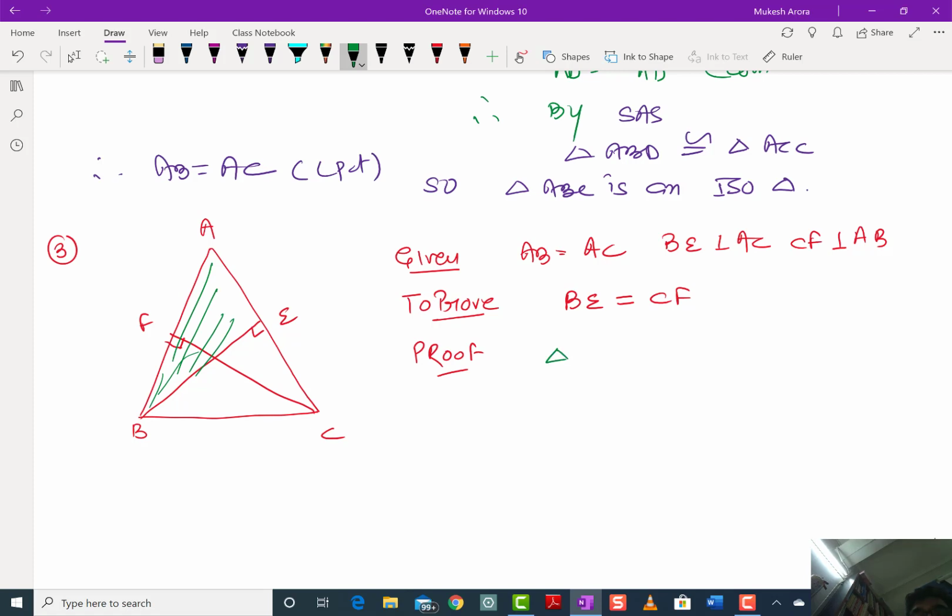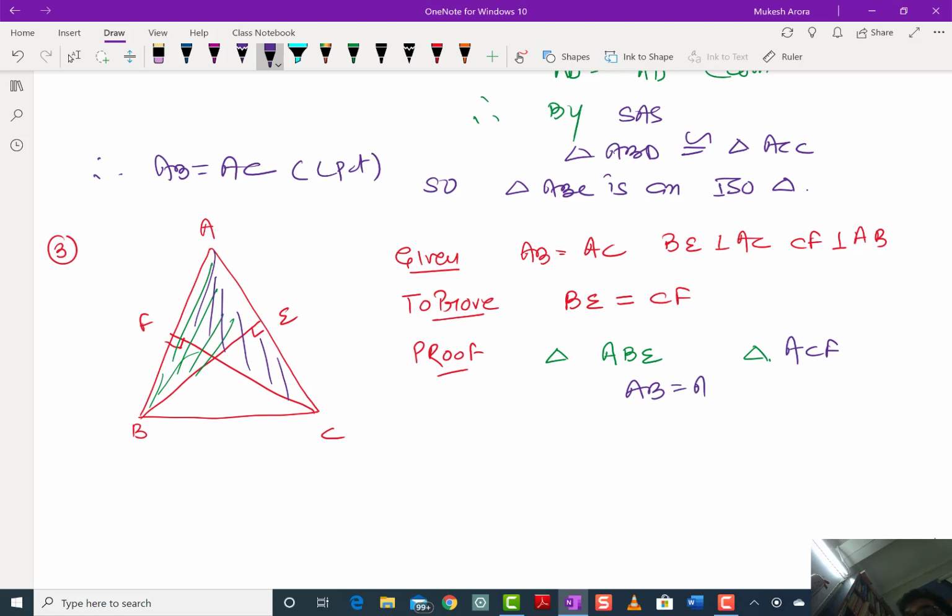We'll take triangle ABE and triangle ACF. AB is equal to AC, that is given. Angle 1 is equal to angle 2, 90 degrees.